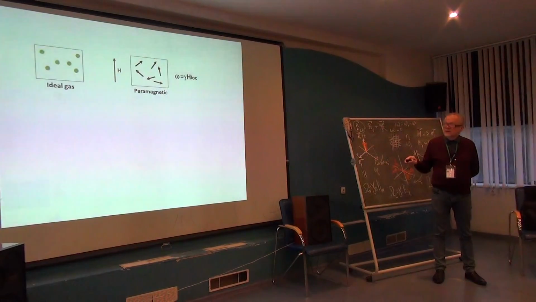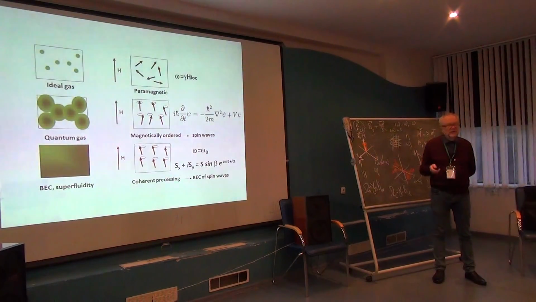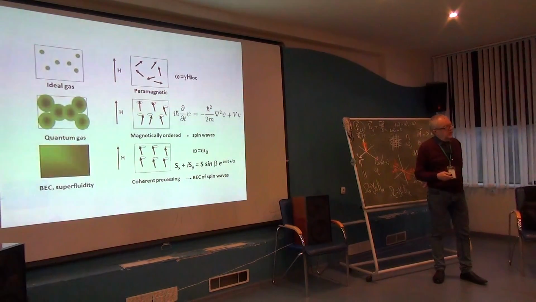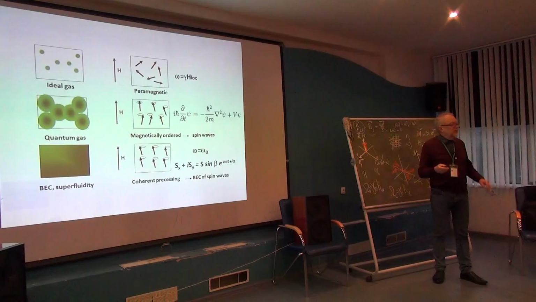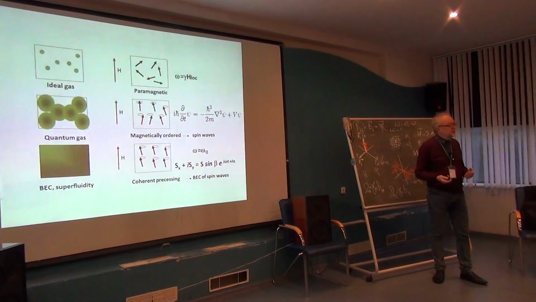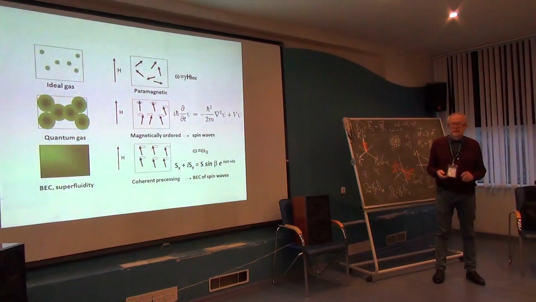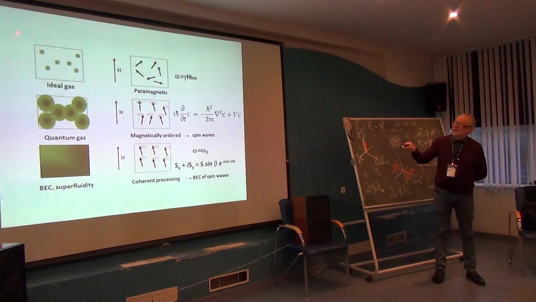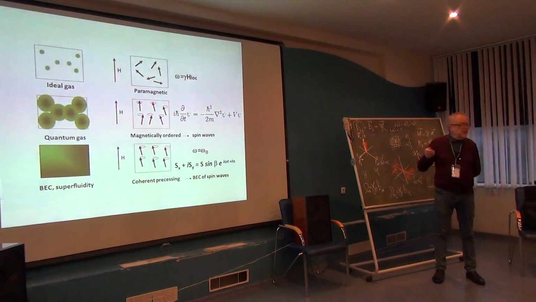So, again, I should say that this is Bose condensation of magnons which interact with each other, which have repulsive interaction, because if you have attractive interactions, then we have instability of homogeneous state. And we can make some kind of parallel between ideal gas and magnons. For example, we have ideal gas which corresponds just to paramagnetic.